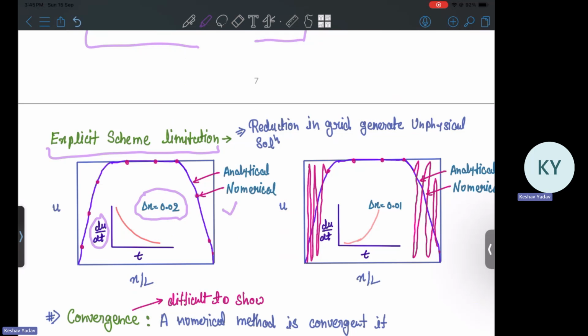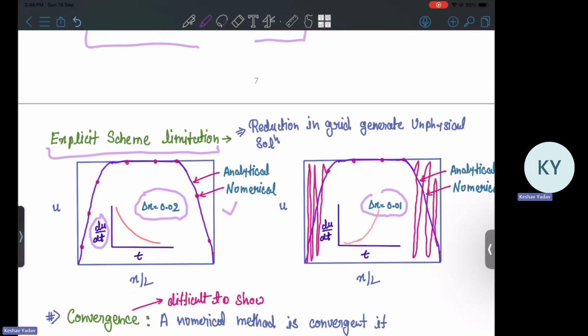Now I want to reduce the truncation error. So I will decrease this delta x. Suppose I have decreased the delta x to 0.01. So what happened? A very bizarre kind of behavior takes place, and we see oscillations of the solution close to the boundaries. This blue line is my analytical solution, and this red one is my numerical solution.